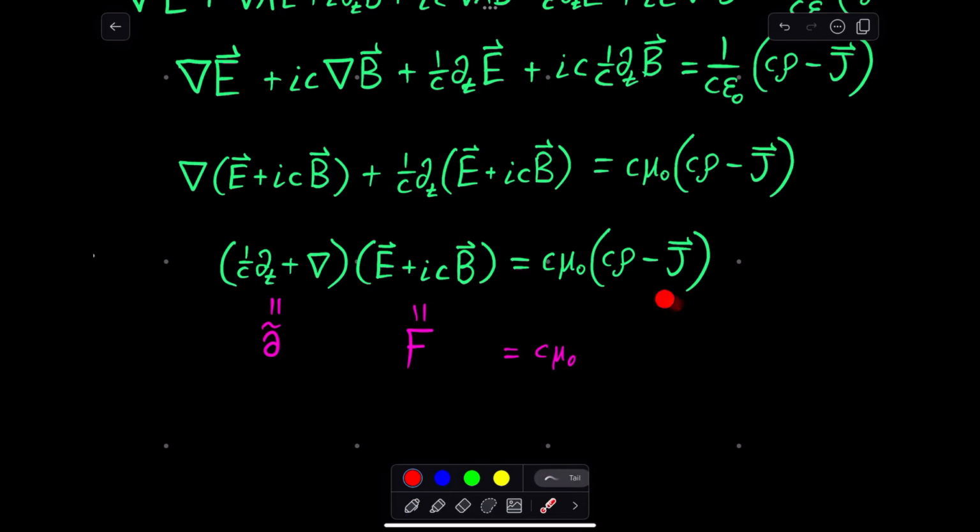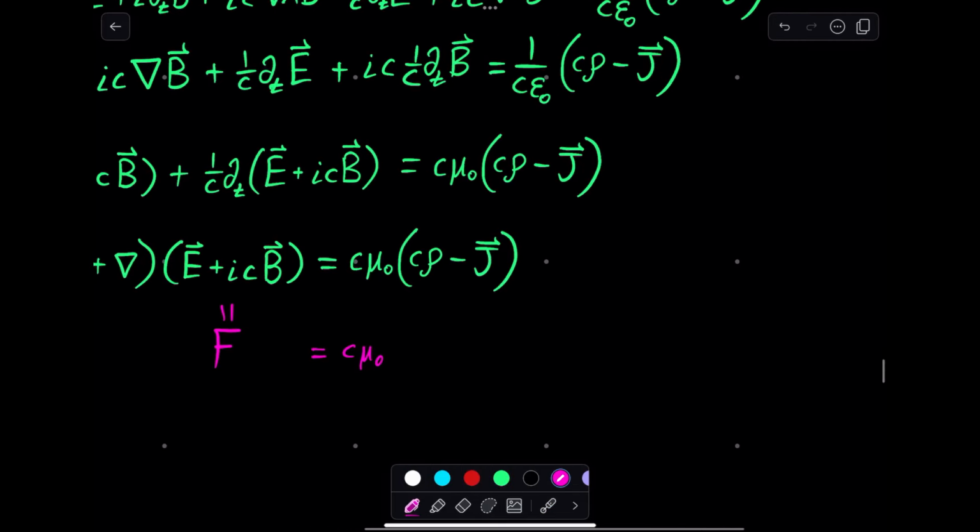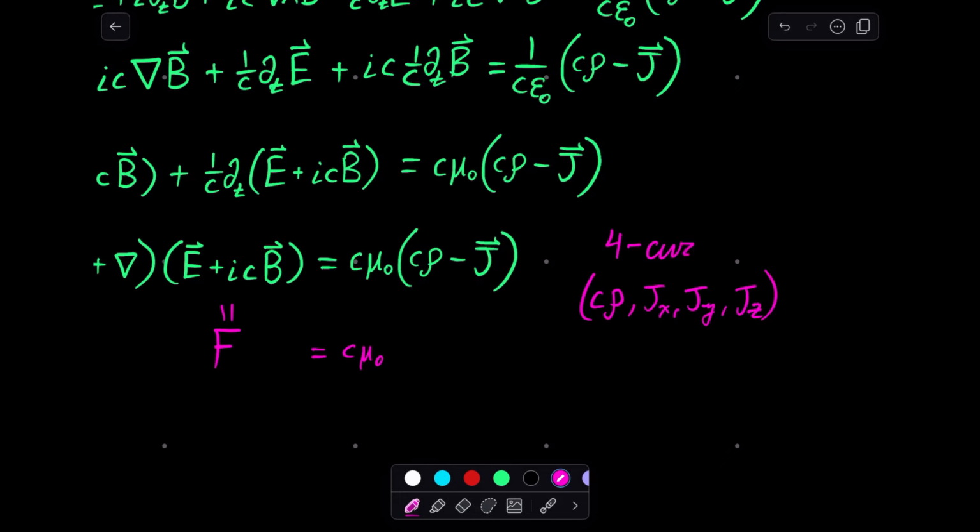And this right here, a thing that's traditionally known in physics, is that C rho, and then Jx, Jy, Jz. This is for current. So it's the relativistic version of the density current.